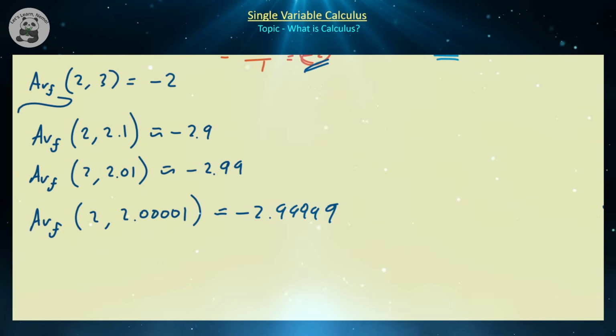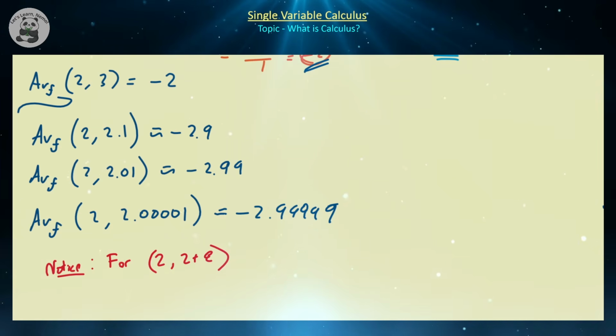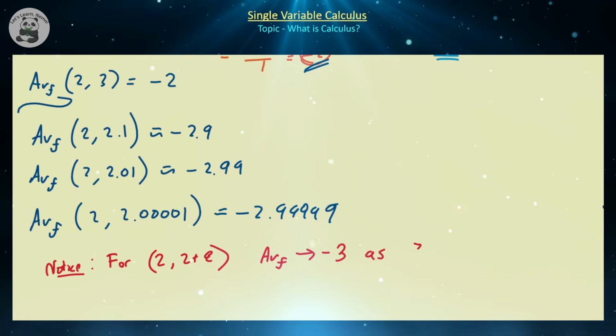So what do you see? What do you observe when we get closer and closer to 2, obviously from the right-hand side? Notice that for the interval 2 and 2 plus epsilon, the average rate of change of the function f is getting closer and closer to -3 as epsilon gets closer and closer to 0 from the right-hand side.